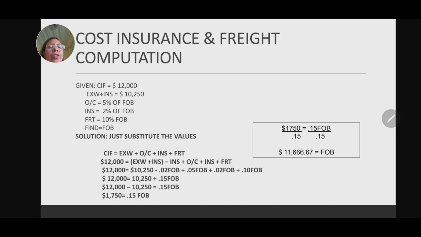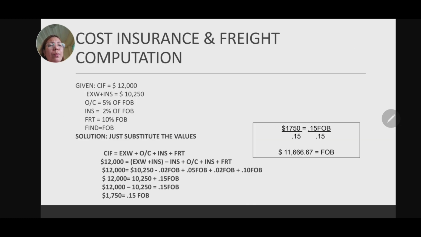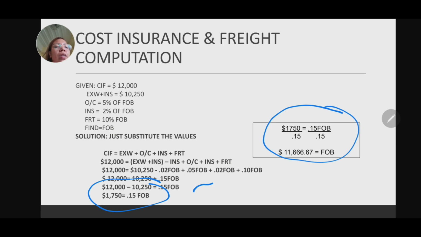So your 10,250 will be negative 10,250, so that will be $12,000 minus 10,250 is equal to 0.15 FOB. To simplify, that will be 1,750 is equal to 0.15 FOB. Then we just divide both sides of the equation by 0.15 to get the value of your FOB.